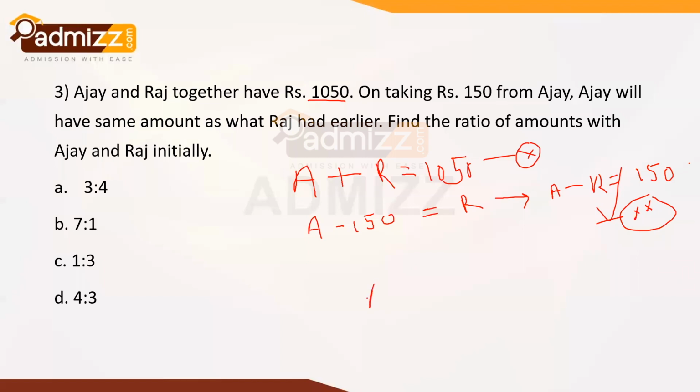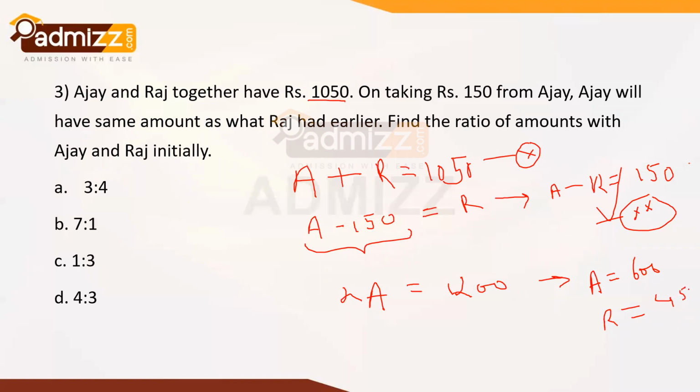So when you add these two equations up, 2A becomes 1200. So from this, we can find A is equal to 600. And then we also get that R is equal to 600 minus 150 from this equation, which is basically 450.